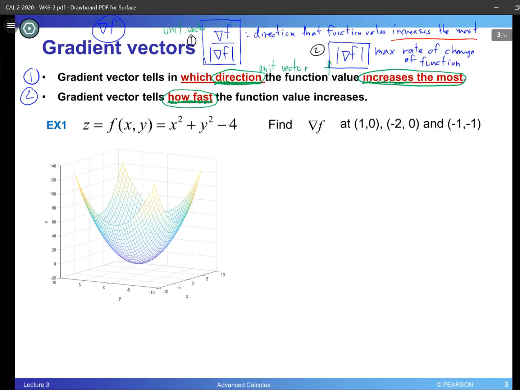Now that we understand how to find them, let's apply them to some examples. Let's take a look at this example number one. In this example, we see a function of two inputs, but this function can also be viewed or interpreted as a scalar field. We are working with this f right here, so it's a scalar, and we are looking at coordinates of x and y.